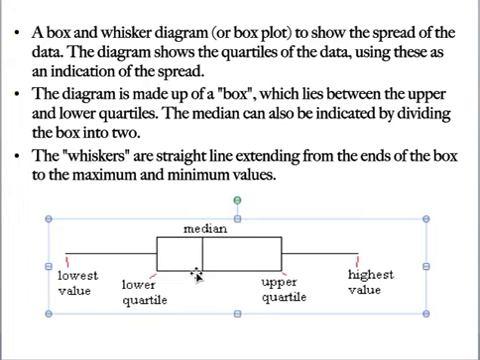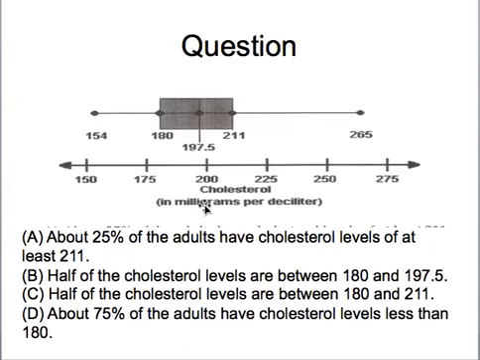It summarizes 5 values: the lowest value or the minimum value, the lower quartile or the first quartile, the median or the second quartile, the upper quartile or the third quartile, and the maximum value. So those are the 5 values that are represented on the box and whisker diagram, right? As I indicated before, you'd need to know how to find the quartiles in order to draw this box and whisker diagram. Now in drawing the diagram, it has to be drawn to scale.